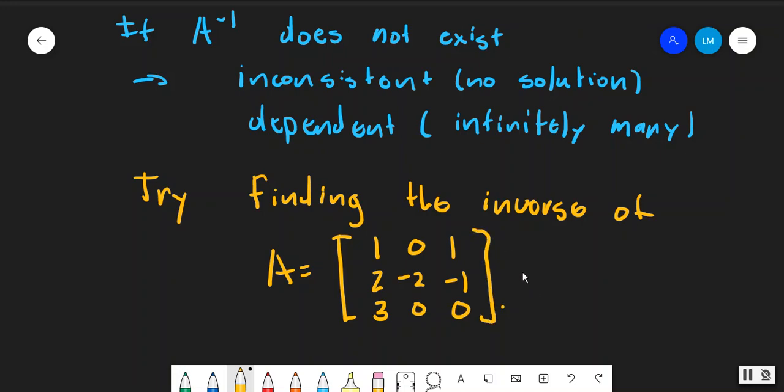Try to do it without using a calculator. But if you do use a calculator, then of course you're going to have to change it to fractions, so that way you kind of know what to do.